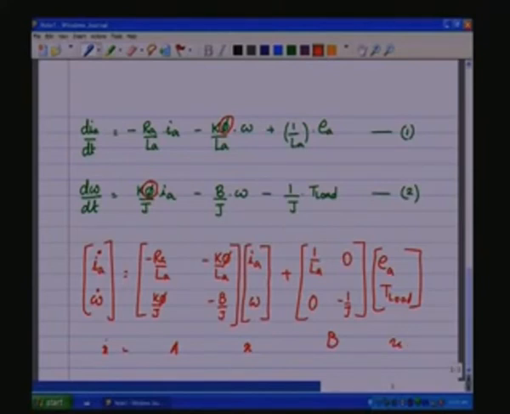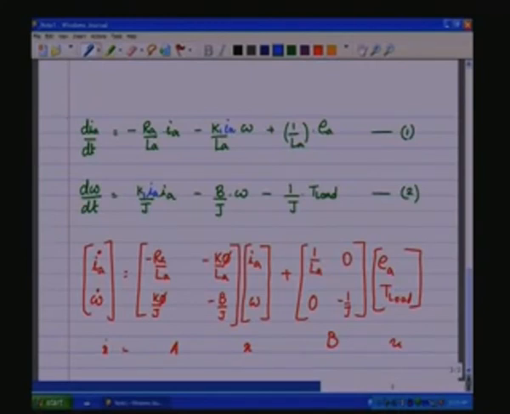Now, if phi is not a shunt but let us say a series motor, in that case phi itself is a function of Ia. Which means phi becomes proportional to Ia, so this becomes K1 Ia. Because there is now state multiplication, Ia into omega, Ia into Ia, which is Ia square, this is a non-linear system.